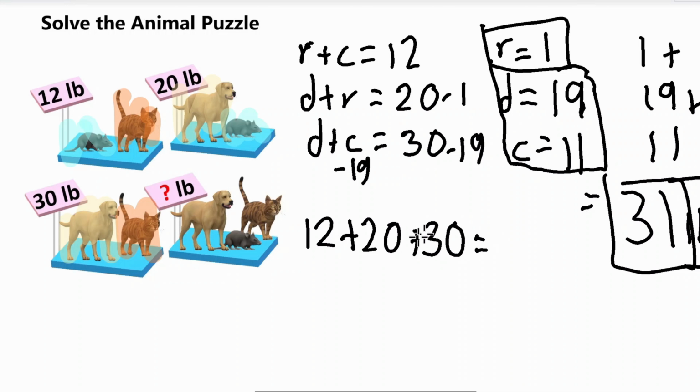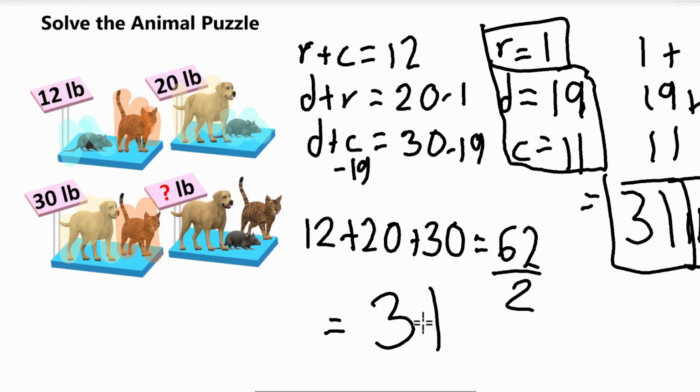That will give us 62. Yes? So basically each animal 2 times together is equal to 62. And since each animal appears 2 times, we just divide this by 2 to see how much each animal weighs together when they appear only 1 time. And that is 62 divided by 2 is 31 again. Okay, that was the easier way to solve it.